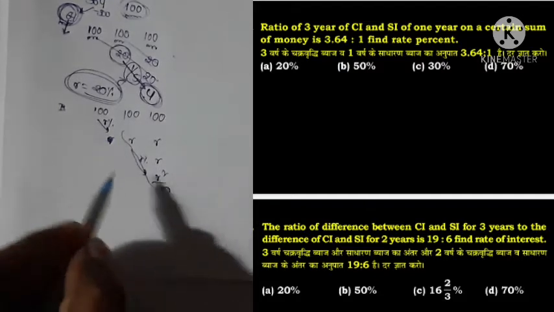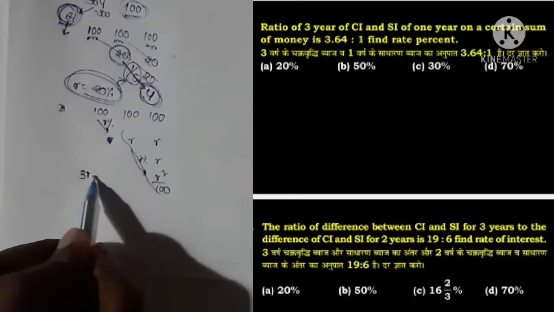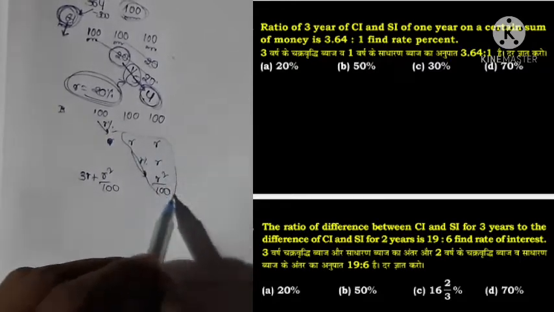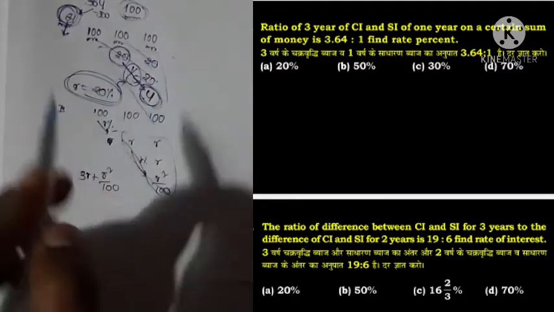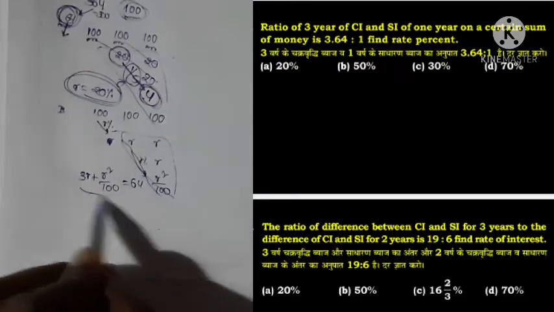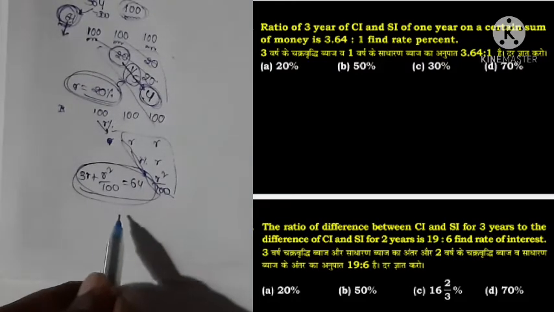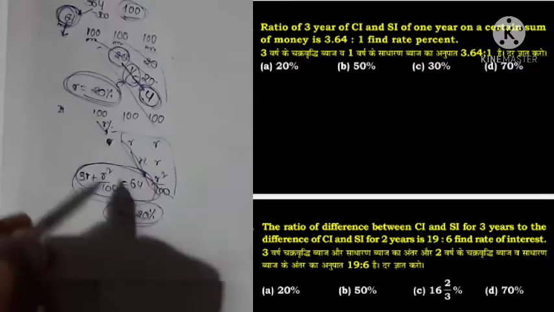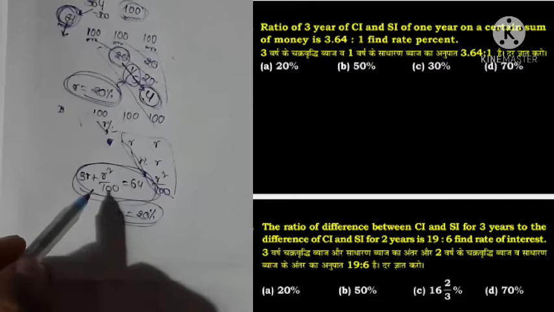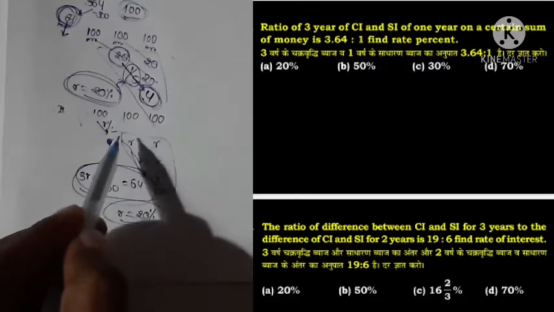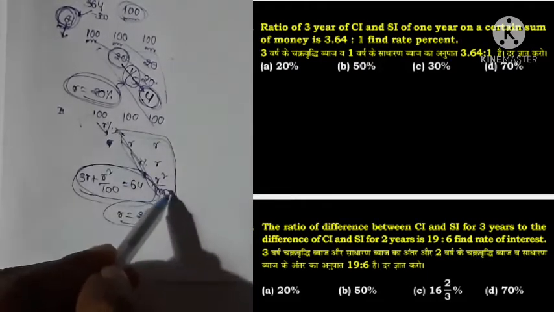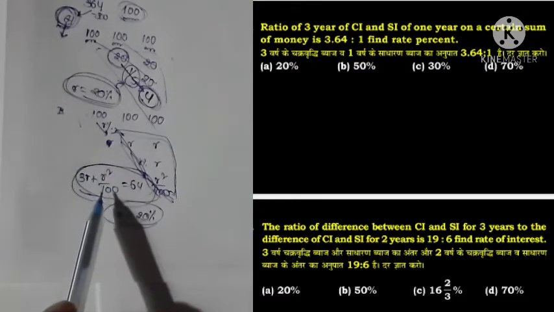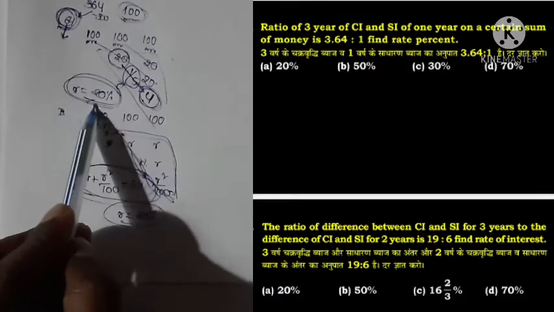This total value 3R plus R square by 100 is equal to 64. Solve this quadratic equation, then we will get the value of R as 20%. But it will take a lot of time to calculate the quadratic equations. It is better to go for options.